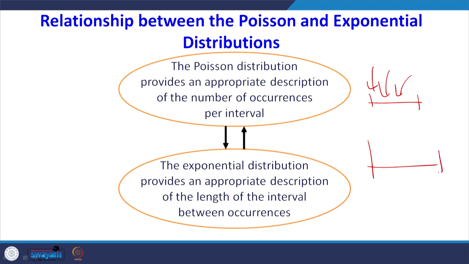Suppose in the same interval, between this occurrence and this occurrence, this phenomenon is explained with the help of the exponential distribution. The number of occurrences in that interval is explained with the help of the Poisson distribution. That is the relation between Poisson and exponential distribution.